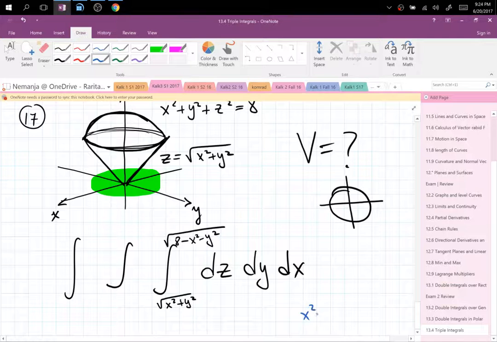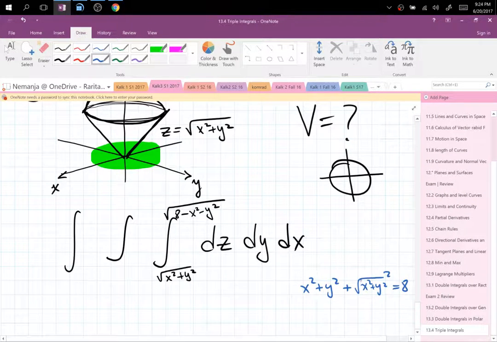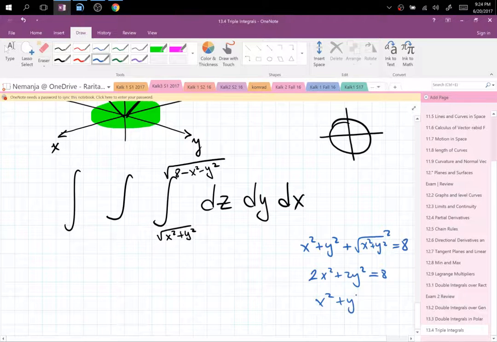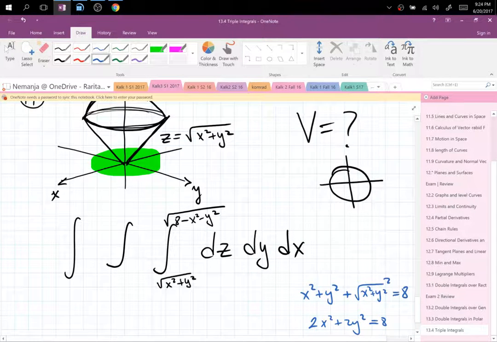So we'll have x squared plus y squared plus the square root of x squared plus y squared, squared, equals 8. These guys cancel, so 2x squared plus 2y squared equals 8. x squared plus y squared equals 4. x squared plus y squared equals 2 squared. That means that the radius is 2 all around our domain.